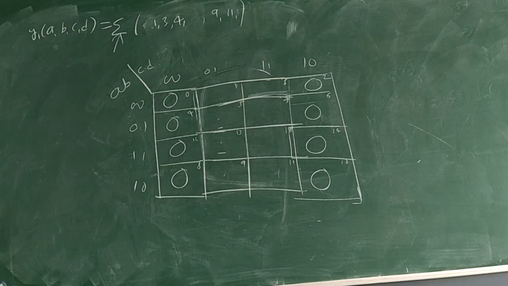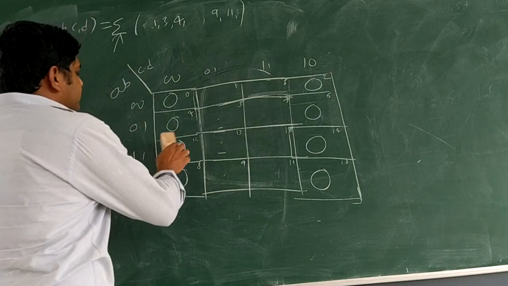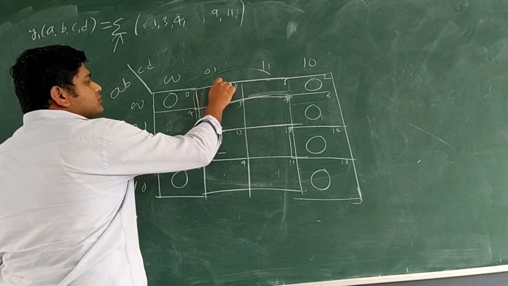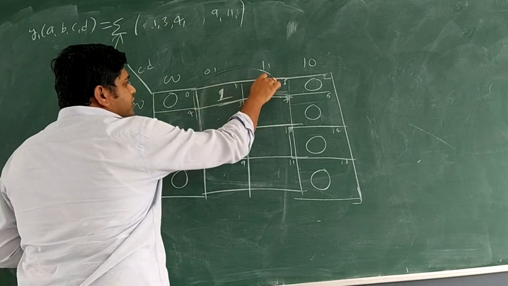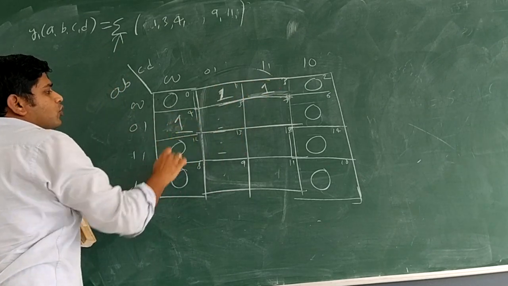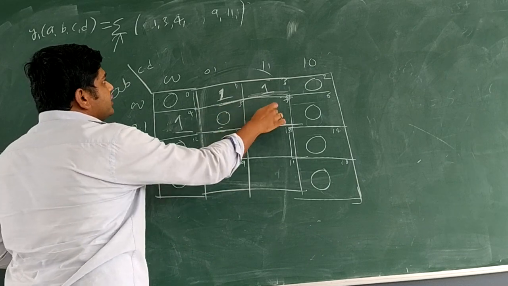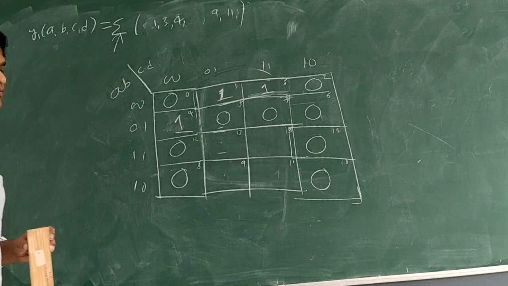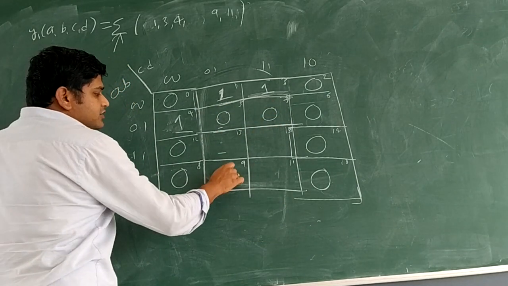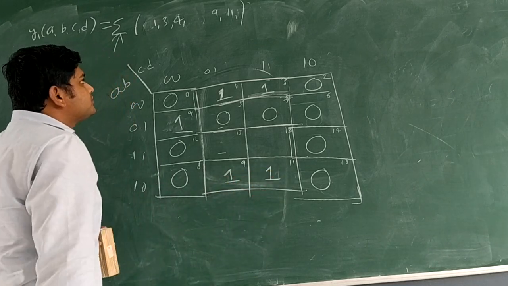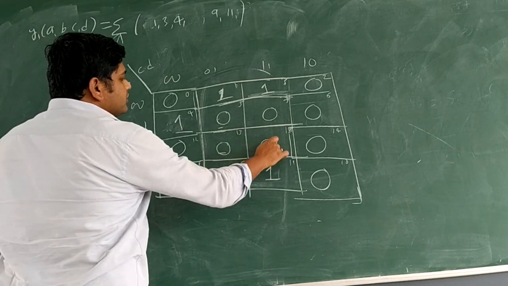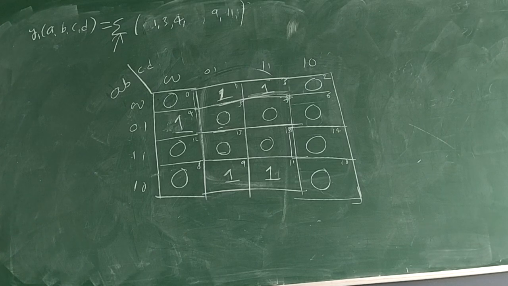Okay, so the problem is 1, 3, 4, 9 and 11. Okay, here you see 1. Next 3, 4, 5 is not there, 7 is not given. Okay, next 9 is given, 11 is given, 13 is not given, 15 is not given.